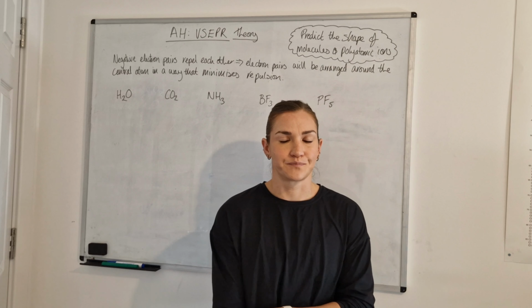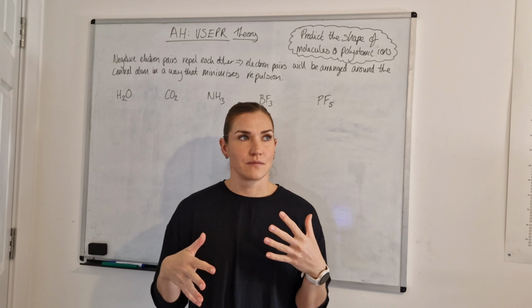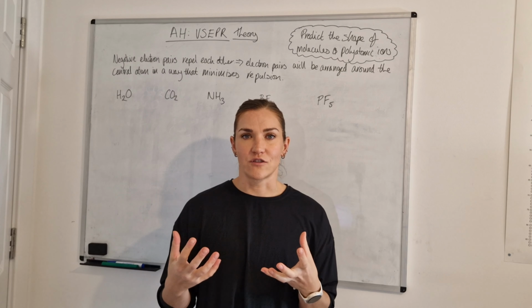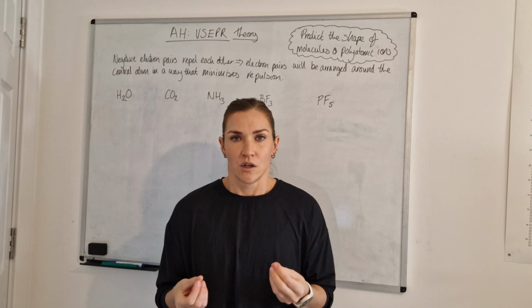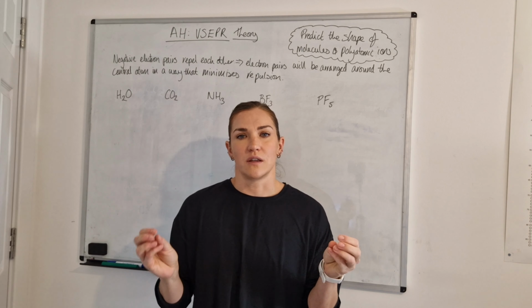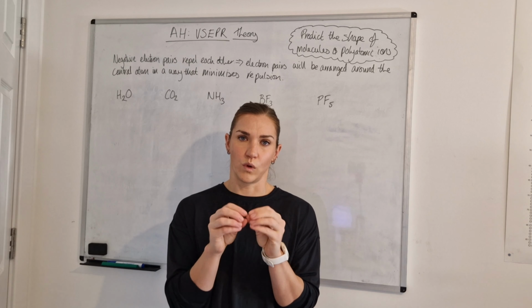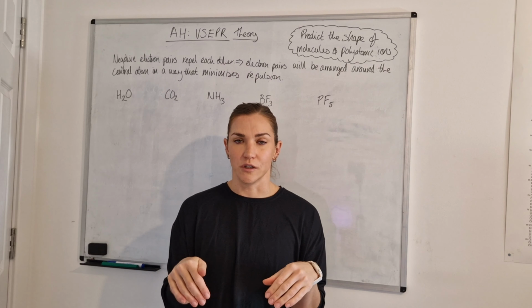The way that VSEPR theory works is that it's based on the fact that electron pairs will repel each other because they are all negatively charged. We know from doing quantum numbers that electrons can pair as long as they have opposite spins, but once you get multiple electron pairs, they repel each other.